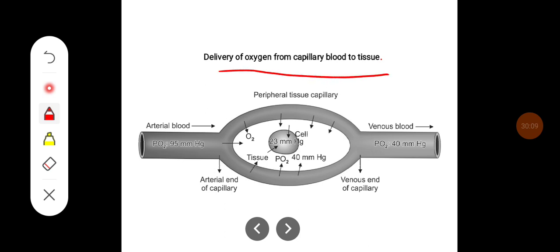Okay, so where PO2 is 95, the oxygen is going to diffuse from higher concentration to the lower concentration, and by the time it reaches the venous blood, the partial pressure of oxygen reduces to 40 mm of Hg.